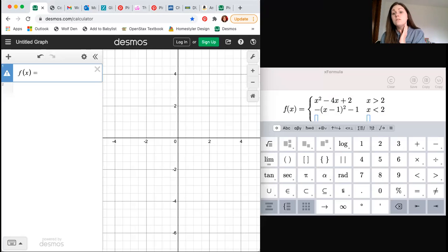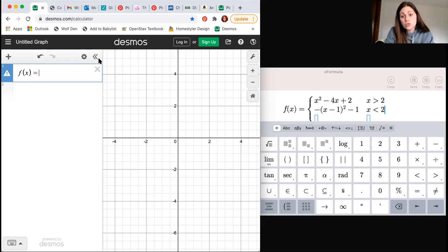It is still simple if you have this structure or this fill in the blank system written down. So here it is. It is a function, so f of x equals. If you want to put y equals instead, you can, but it is a piecewise function, so I'm going to use the function notation.